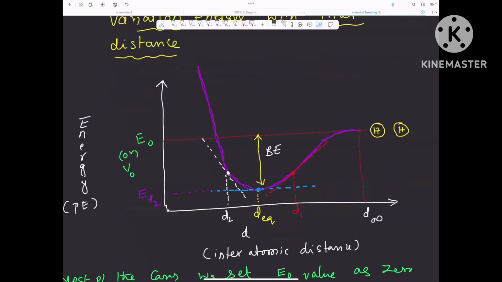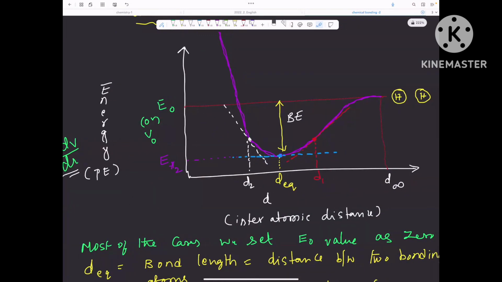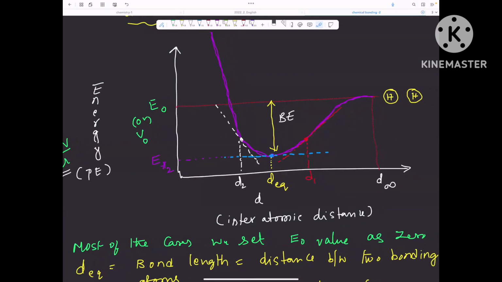If generally they don't mention anything, then for most of the cases, we take E naught as 0. When two hydrogen atoms are coming closer, initially the attractive forces start dominating and energy becomes minimum, and then energy starts increasing. Here we are using D infinity to indicate that hydrogen atoms are infinitely separated. Therefore, they have a corresponding energy E naught.